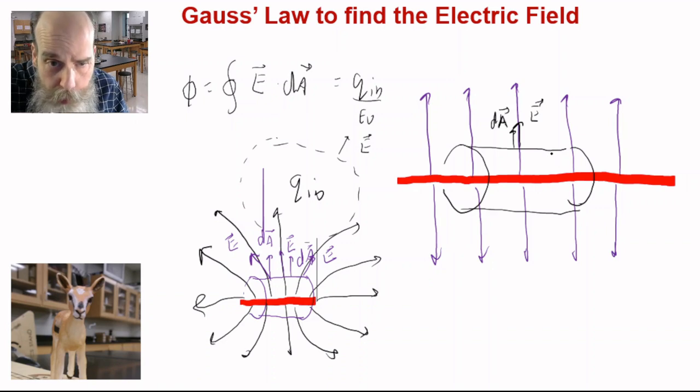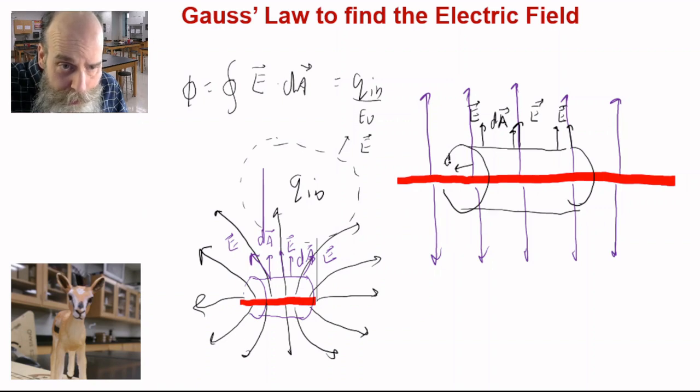And dA is always normal to the surface. No matter where we are on the surface, E is always perpendicular to the curved surface of the cylinder. What about at the ends? At the ends, dA is perpendicular to the surface, but E is parallel to the surface at the end.